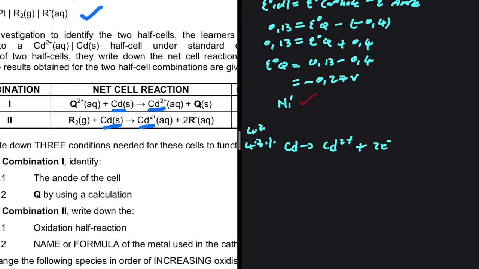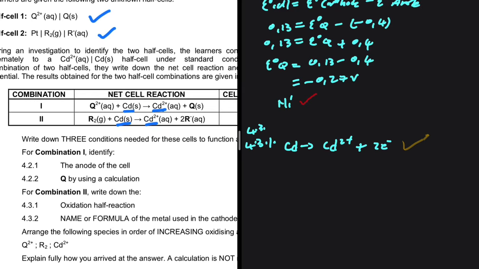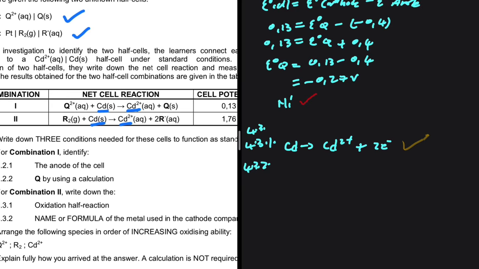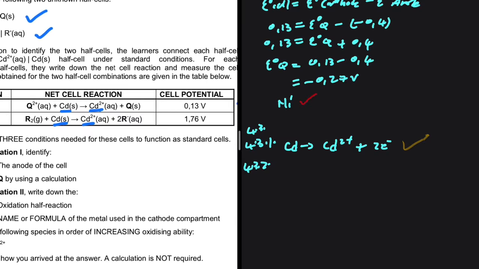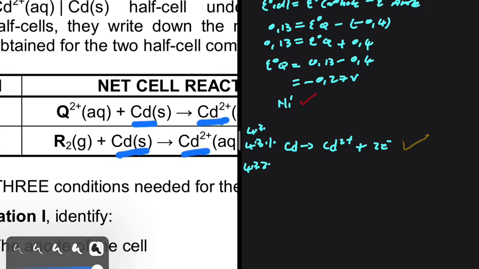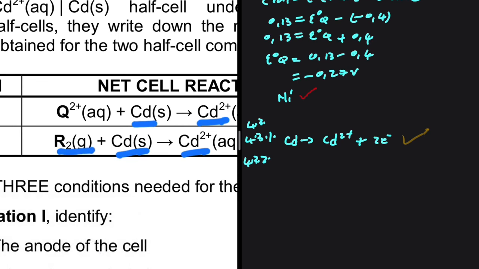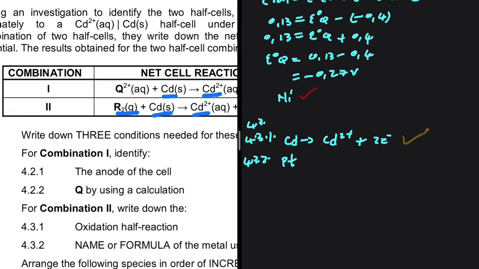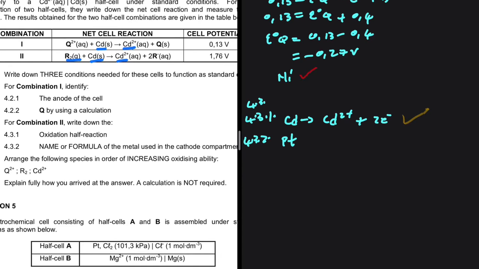That is 4.3.1. Let's go ahead and do 4.3.2. Name or formula of the metal used in the cathode compartment. Cadmium is our anode, so our cathode is R2, which happens to be a gas. If we have a gas, our electrode is going to be platinum. That is 4.3.2.